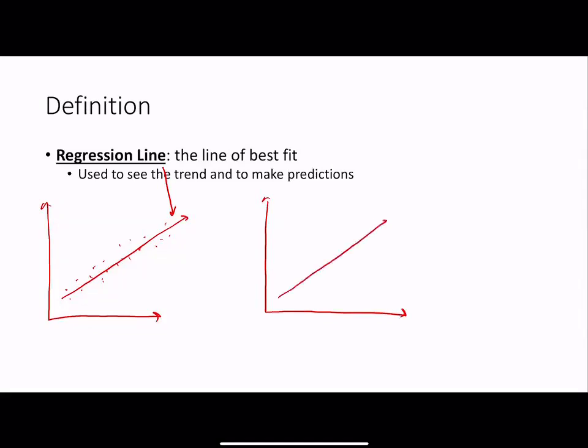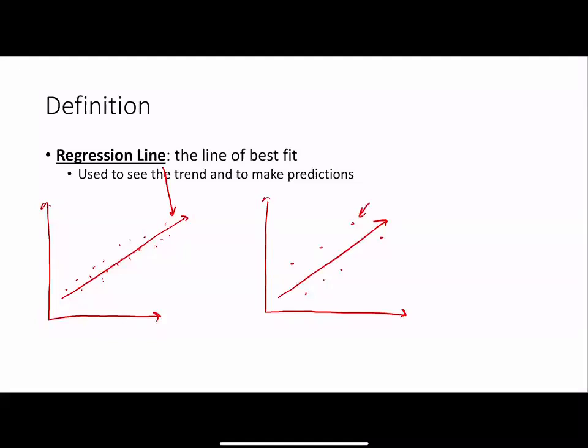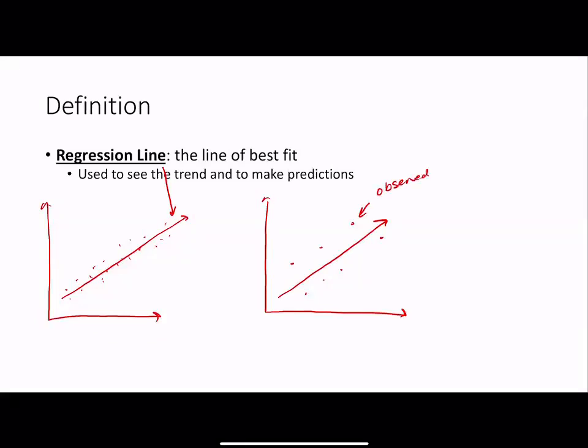Let's say here's my regression line, and I have some scatter plot points. I'm just going to put a few here. This right here is what we call the observed value. This is real data. We go straight down because we're talking about the same X value.